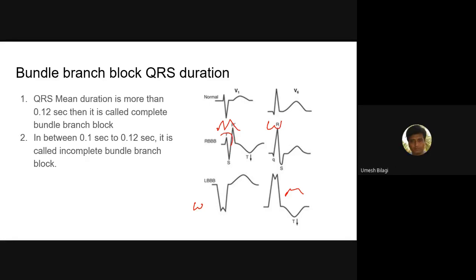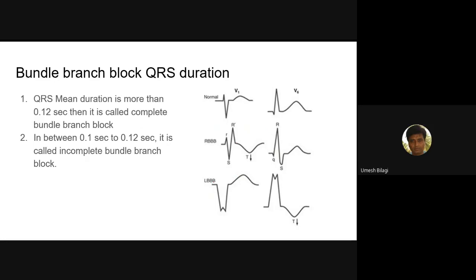Okay. Got my point? Focus on this septal R wave. Rather, you should actually focus on this R wave and Q wave here. If you get a septal R wave in V1 and a septal Q wave in V6, it is not LBBB. Most likely there will be right axis deviation, because the right ventricle is depolarized myocardium to myocardium and the axis shifts to the right side more often.